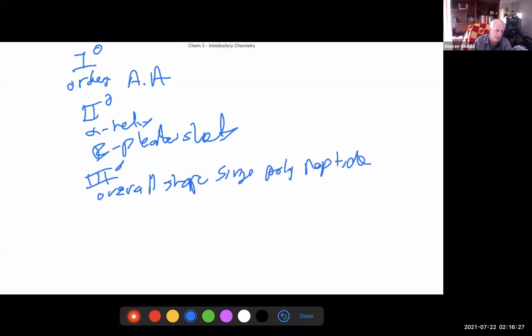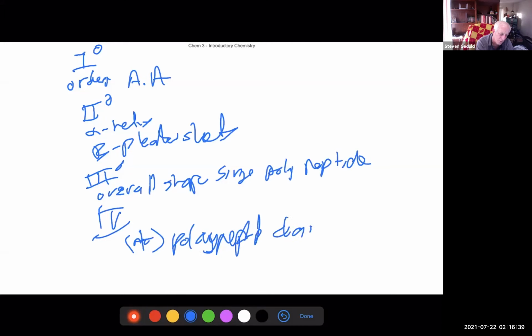Polypeptide is a protein chain. And then the quaternary would be more than one polypeptide that comes together to form the functional molecule.